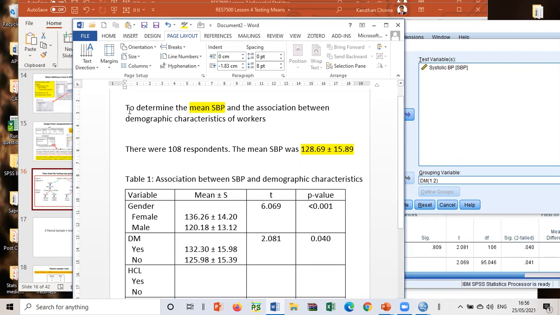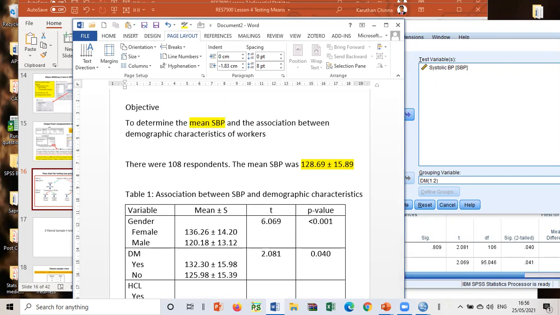So that's the objective. You fill up the table.